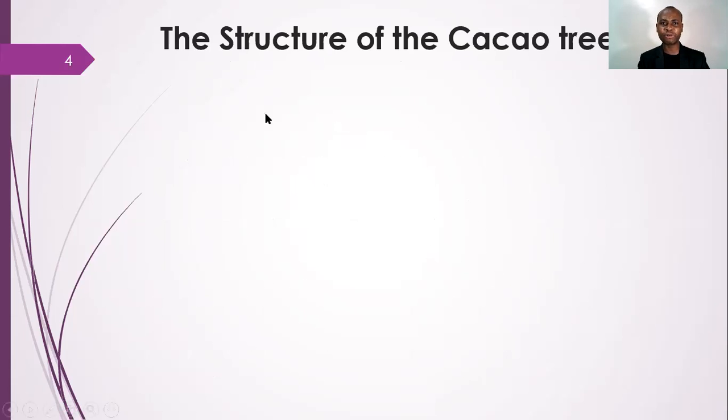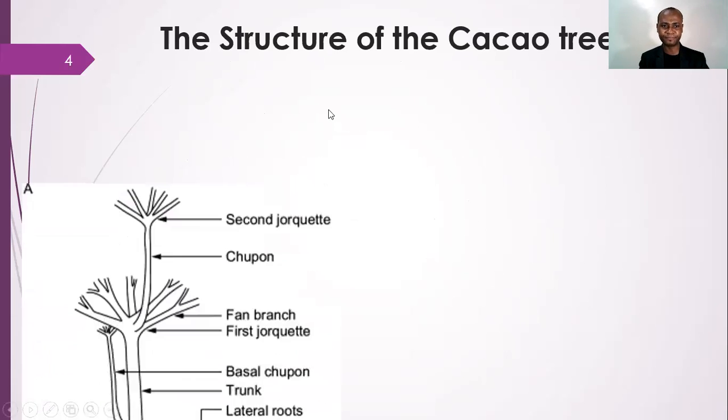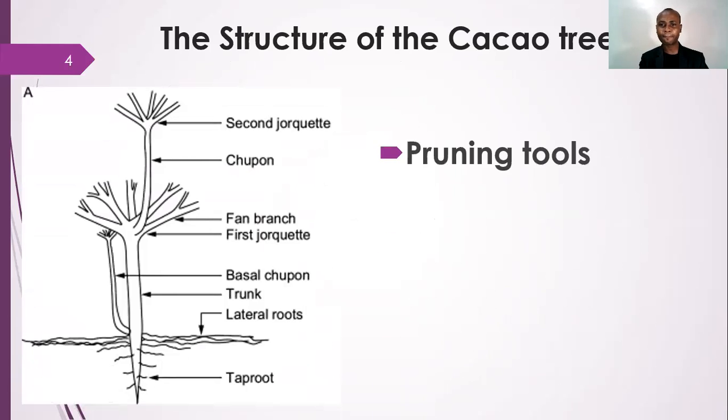Now let's look at the structure of the cacao tree. As you can see in this image here, we have the top root, the lateral root, the trunk, the basal chupon, and then we have the first jockey. And then the branches will begin.